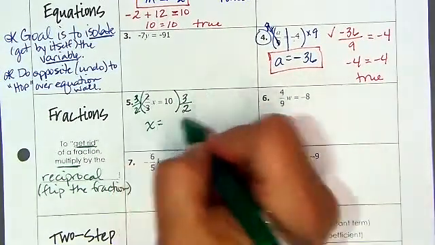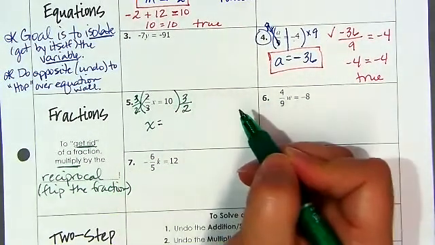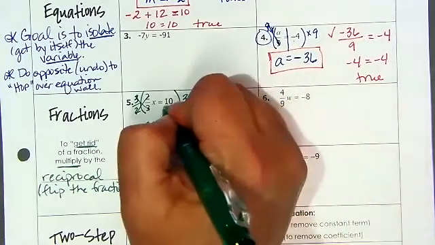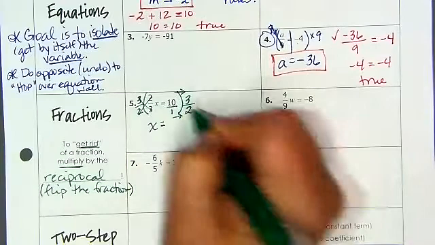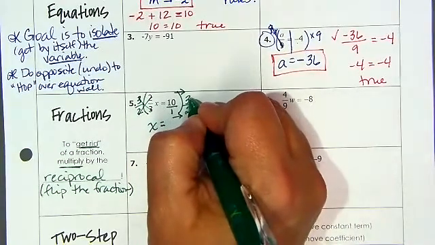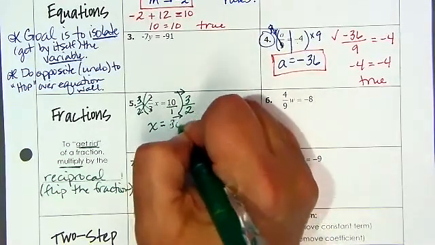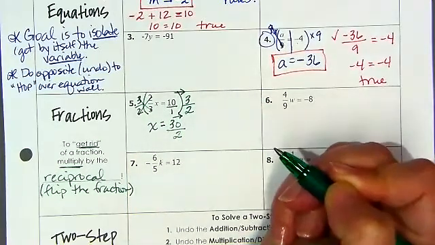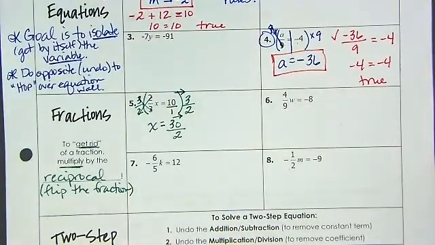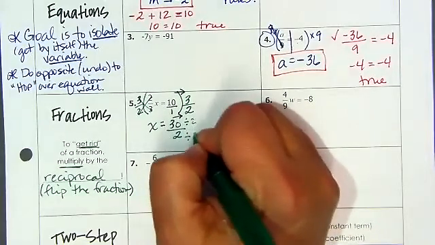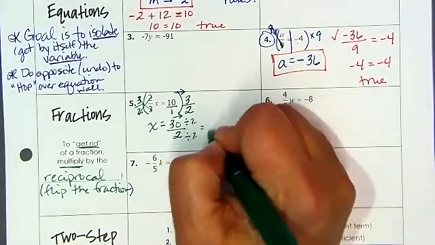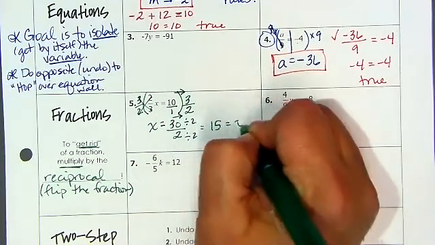Equals, now here I've got a whole number. I need to make this into a fraction so I can follow my fraction rules. 10 over 1, and now I multiply straight across. 10 times 3 gives me 30 divided by 2. I can simplify, so I'm going to divide by 2, and that gives me 15 equals x.